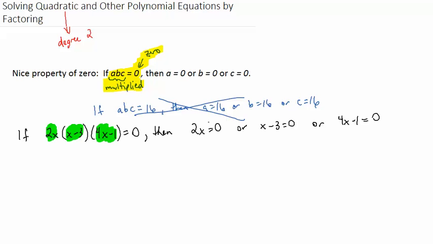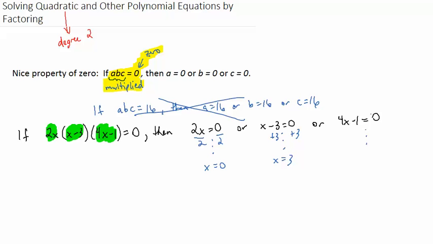And what this allows us to do then is to take each of these and figure out what x equals. When we solve equations, we want to know what x equals, or what the variable equals. So for example, in this case, we could say x equals 0, because if you divide both sides by 2, you can see that x equals 0. Over here, if you add 3 to both sides, you get x equals 3.